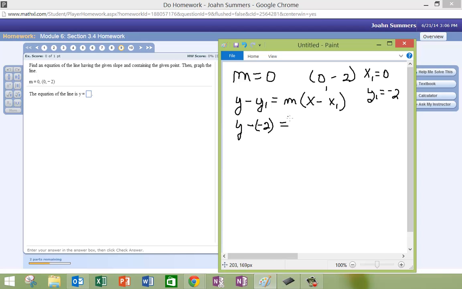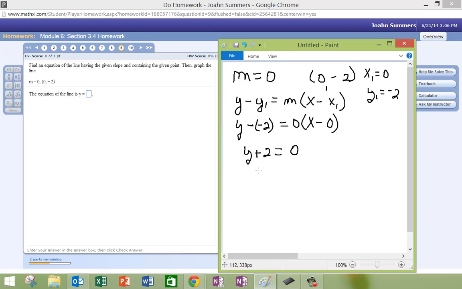equals, the slope is 0, times x minus x1 is 0. Right. On the left, y minus -2 would be y plus 2 equals 0 times x minus 0, which is still 0.